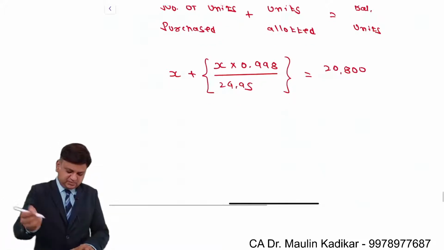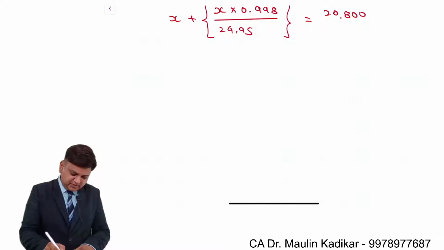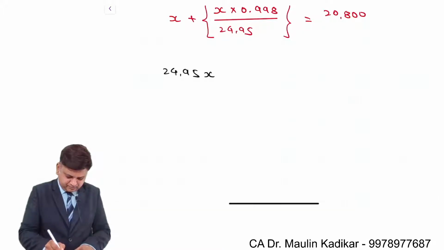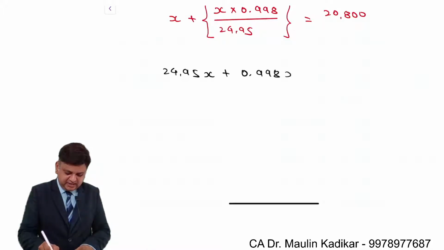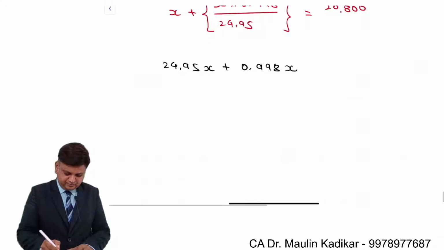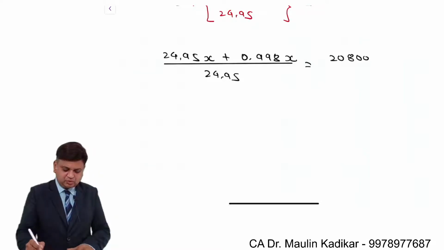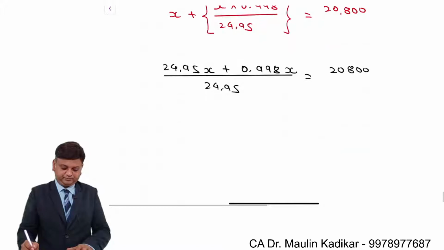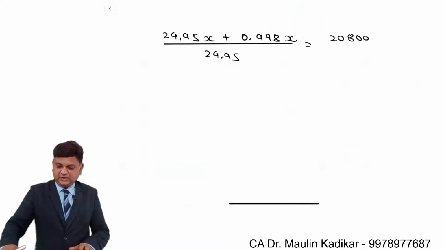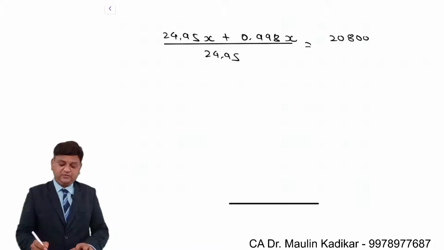So now it is very simple. X plus 0.998x divided by 24.95 is equal to 20800. Taking 24.95 plus 0.998, that is 25.948.